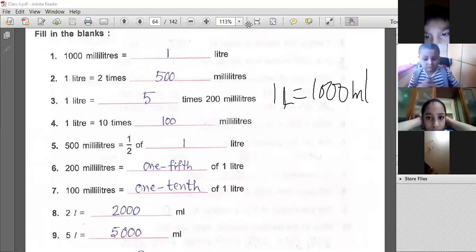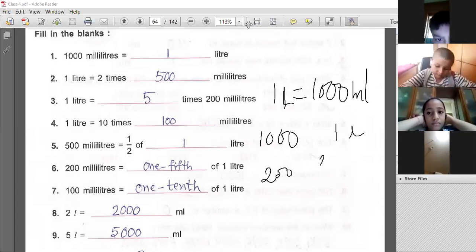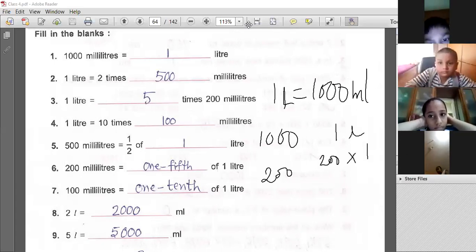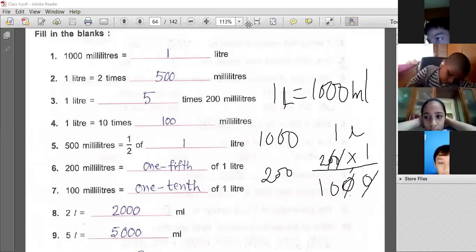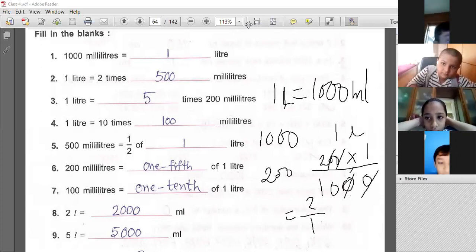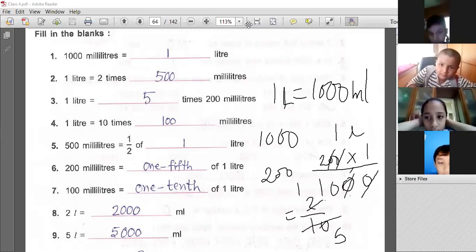So this is how it works. 1000 ml is equal to 1 liter. So 200 ml is equal to how many liters? Okay, so 200 into 1 divided by 1000. Two zeros cancel here. So what is left? 2 upon 10. 2 ones are 2, 2 fives are 10.